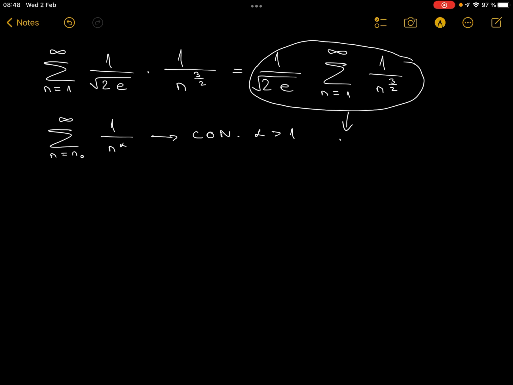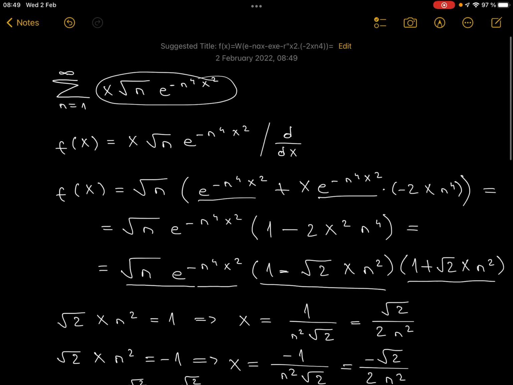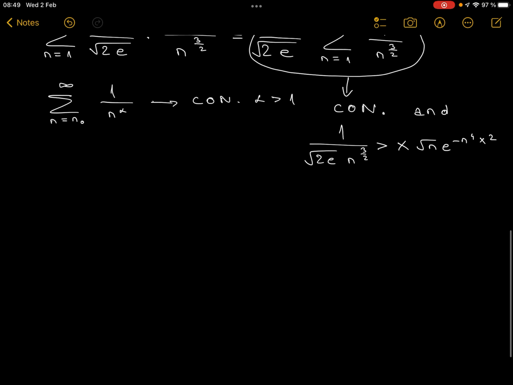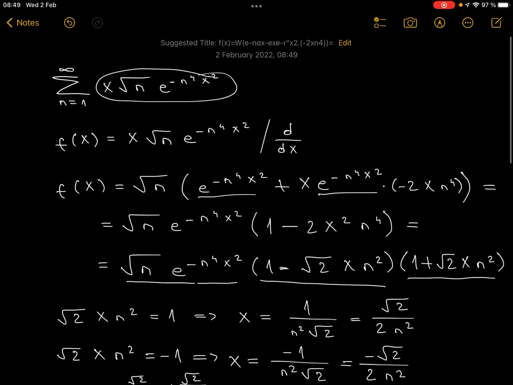So since this series converges and 1 over the square root of 2e times n to the 3 over 2 is always greater than x times the square root of n e to the negative power of n to the fourth x squared, we conclude by using the Weierstrass criterion for uniform convergence that this series converges uniformly.